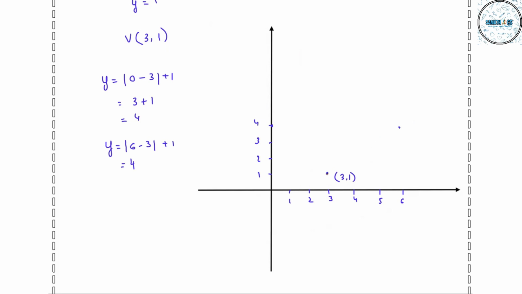Now we will join this vertex with this point and with this point. So this is the graph of y is equal to absolute of x minus 3 plus 1.